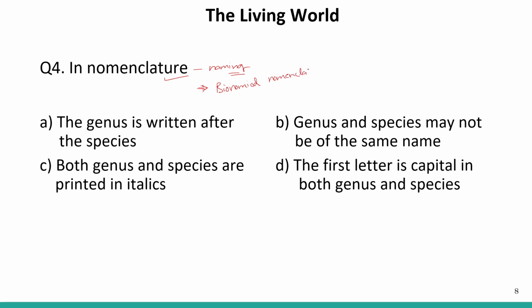It means a scientific name will have two components. What are the two components? One will be the generic name, other will be the specific epithet.